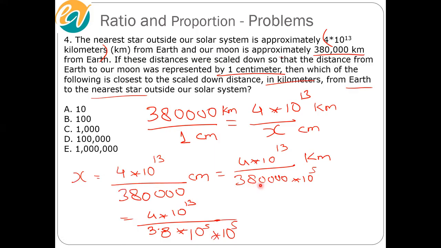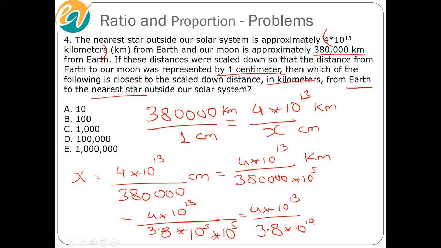See, 380,000 is 3.8 into 10 to the power 5, and we already have 10 to the power 5 here. So that would be 4 into 10 to the power of 13 divided by 3.8 into 10 to the power of 10.